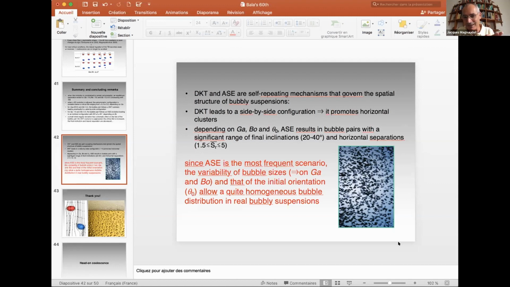Then in cases where the two bubbles get very close to each other and we prevent the 3D configuration from occurring, in this configuration coalescence always happens, and it has to happen because it's known that the van der Waals forces in the case of two clean interfaces separated by a liquid film are attractive.